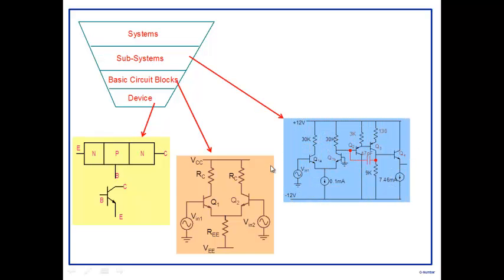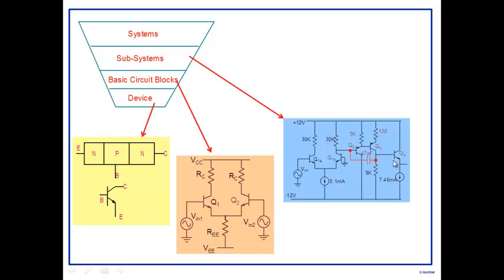Subsystem, well, you can see why the hierarchy is there. I have a device, let's say bipolar. I take several bipolar transistors, connect them up together along with other elements, and I make a basic circuit block, which is a differential amplifier. I take many such basic circuit blocks. Differential amplifier is one. There's a gain stage. There is an output stage. There are many stages.